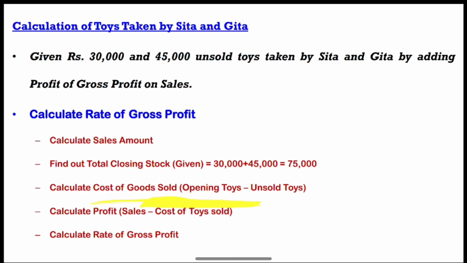Cost of goods sold means opening toys minus unsold: from the 7,50,000 that the partners purchase, we subtract the unsold, and we get the cost of the total sales made. Find out profit, that is sales minus cost of toys, and then we can find out the rate of gross profit and then stock taken by partners.